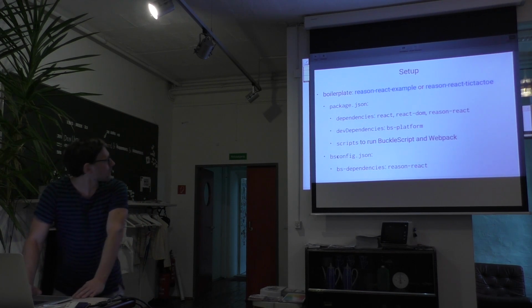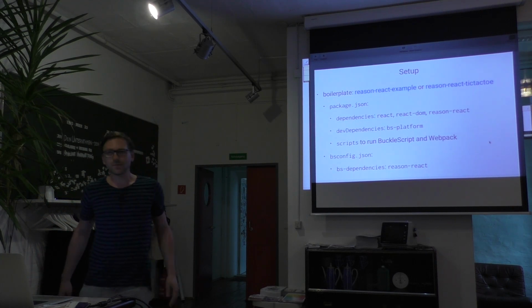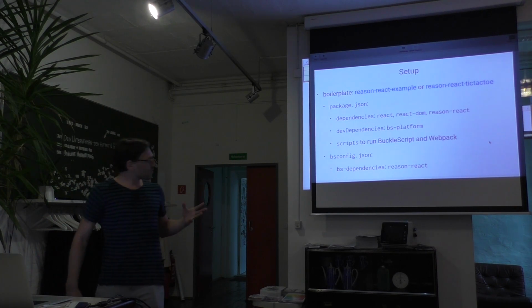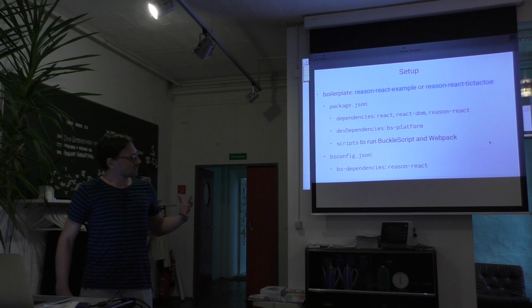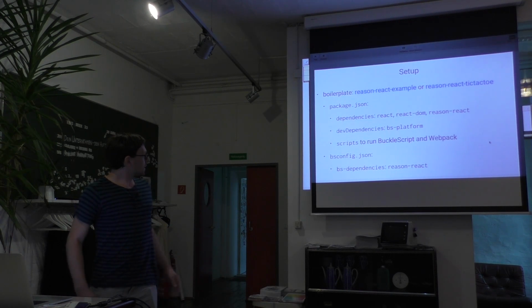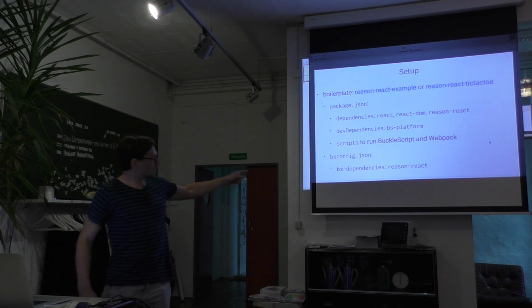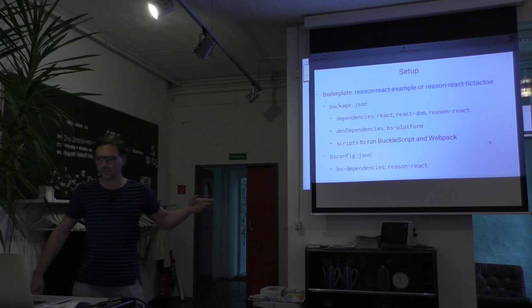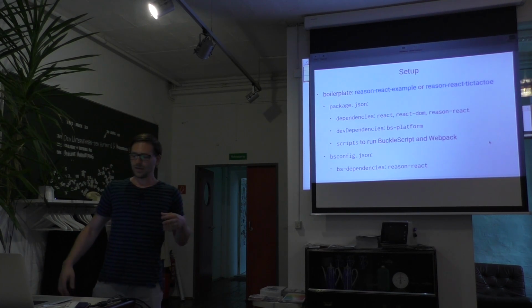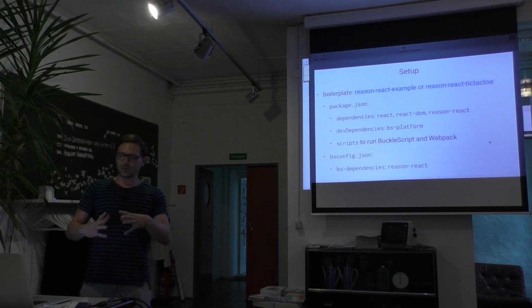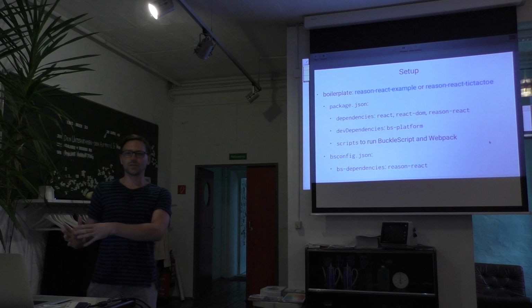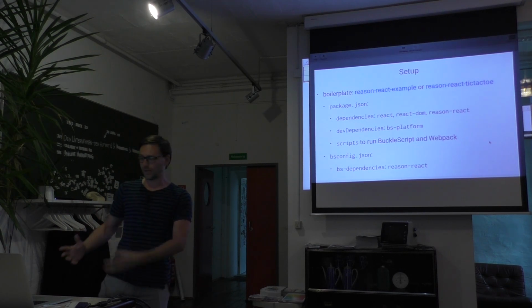And there's also a file called bsconfig that's also responsible for a little part of the magic. It has these BS dependencies that basically tell BuckleScript or Reason how to get from things that you write in Reason to corresponding node modules that you installed via npm.